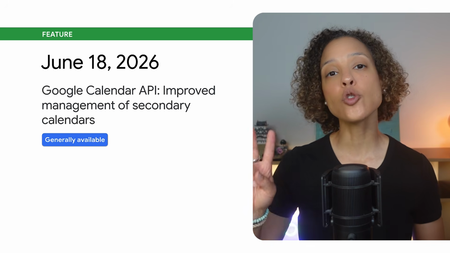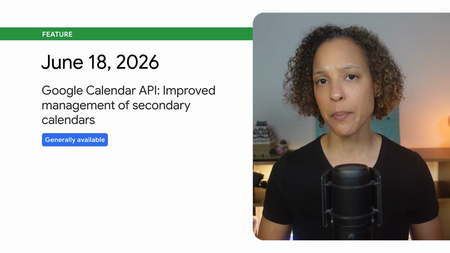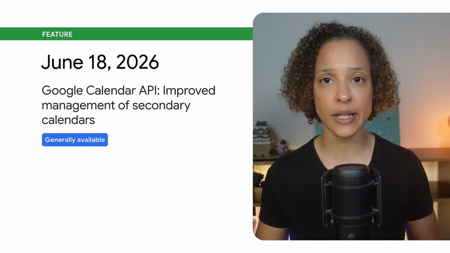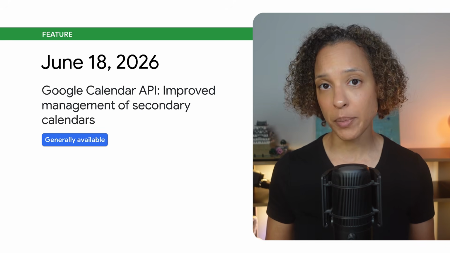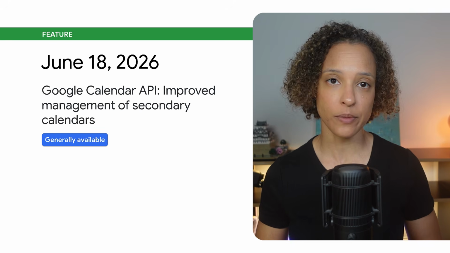We're introducing 2 enhancements to the Calendar API that make it easier for admins to programmatically manage secondary calendars within their organization: a Transfer API and a filter for secondary calendars owned by your organization.